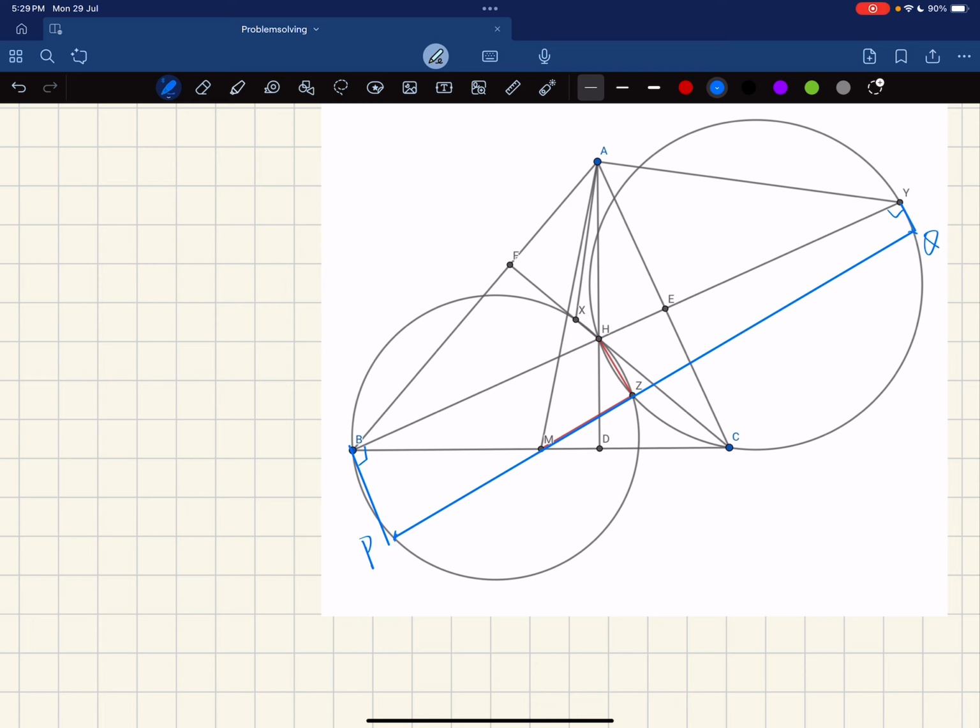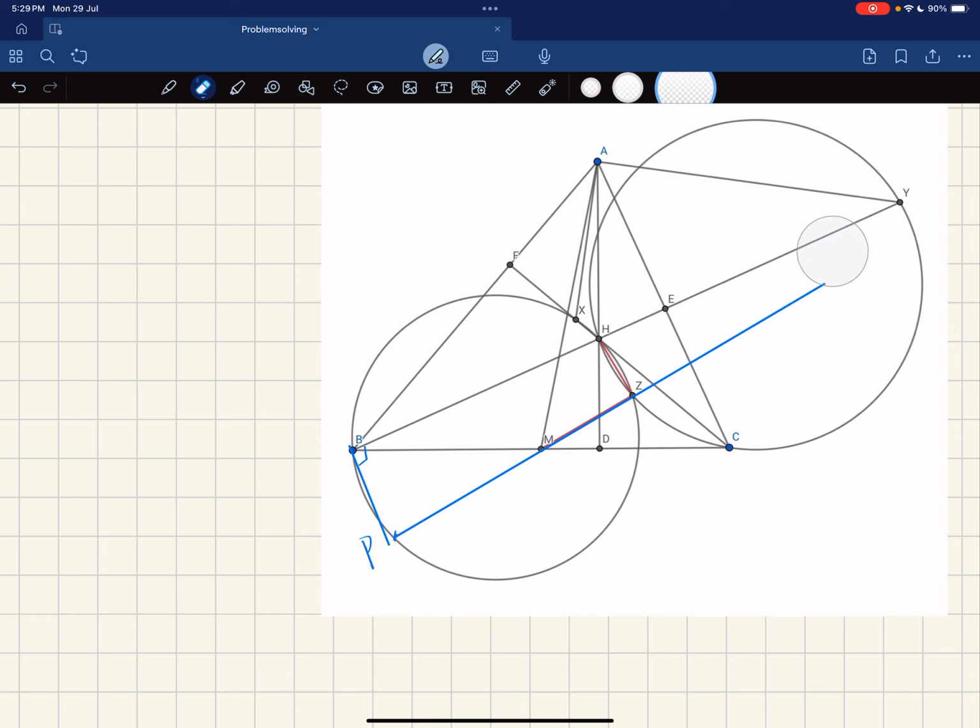But how can you prove that? That is the problem. So actually it is not easy to go this way.